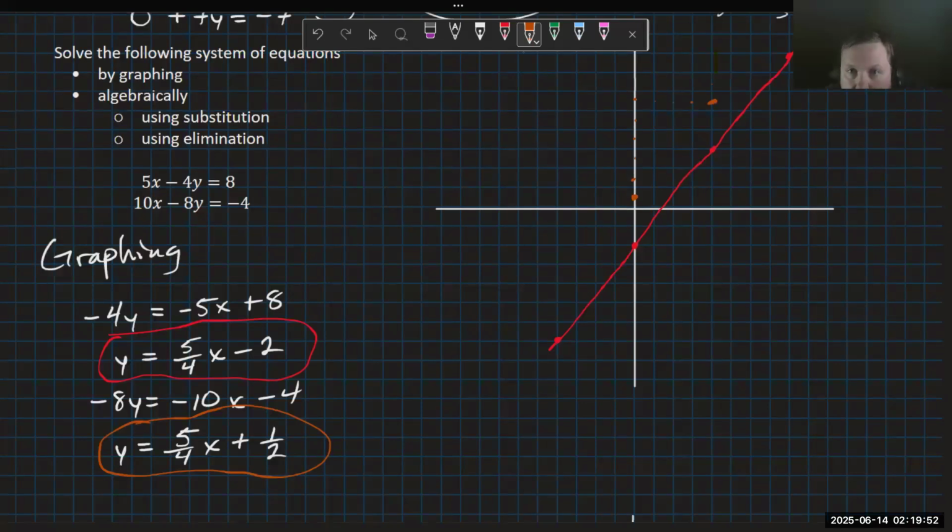It's getting a little bit high there, so I'll just go down the other way. So 1, 2, 3, 4, 5. 1, 2, 3, 4. 1, 2, 3, 4, 5. 1, 2, 3, 4.